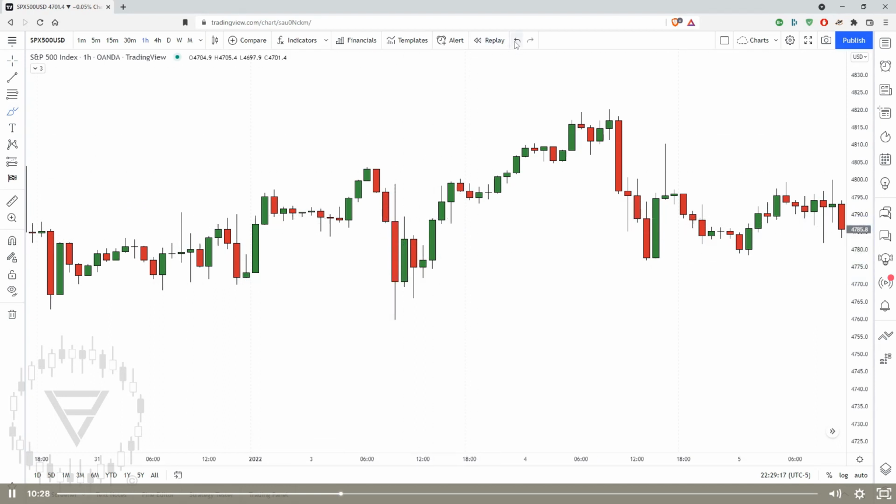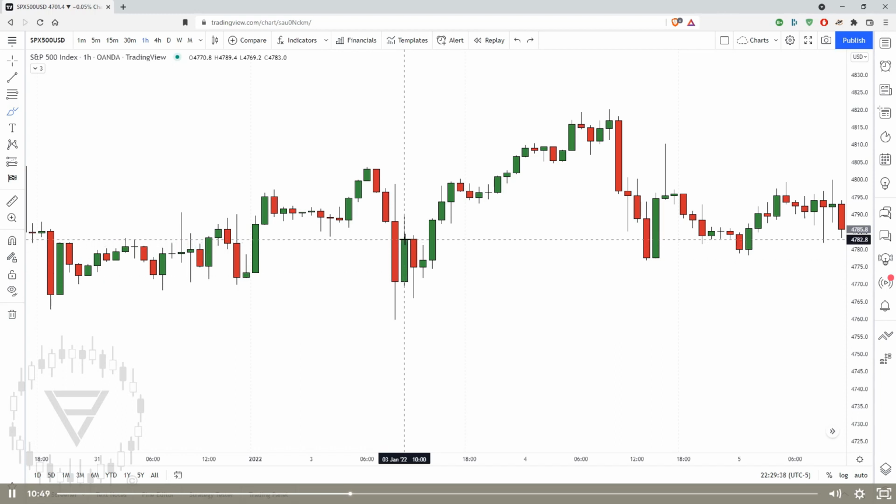So we had the open right here, the close right here. This is a 1 hour chart. So that means after 1 hour passes and this candle closes here, the next candle is always going to open immediately next to the close of the previous candle.